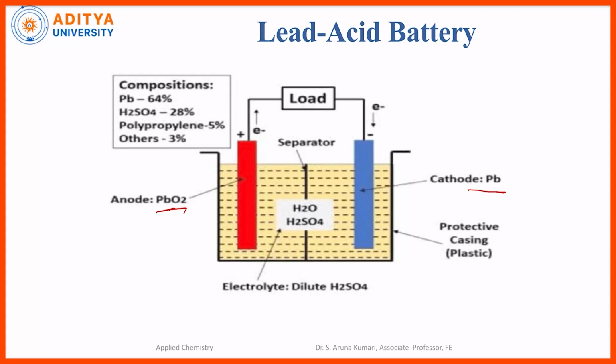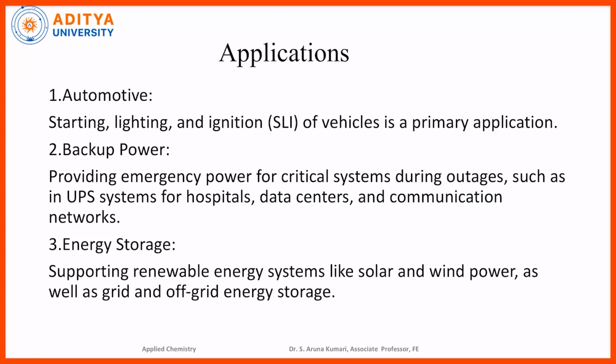Here we have sulfuric acid, and they are placed in a polymeric case, mostly an ebonite case, and in between the 2 electrodes we have the sulfuric acid. Mostly polypropylene is used, 5%, and other polymers are also used. So, this is the construction of the lead acid battery.